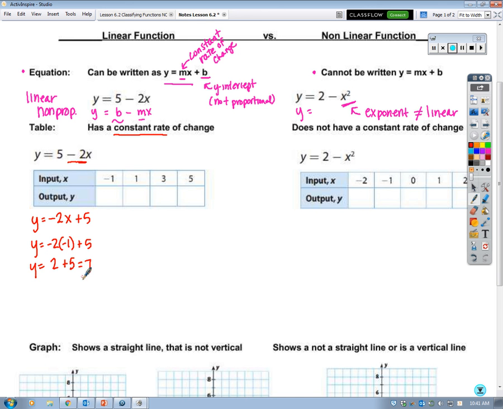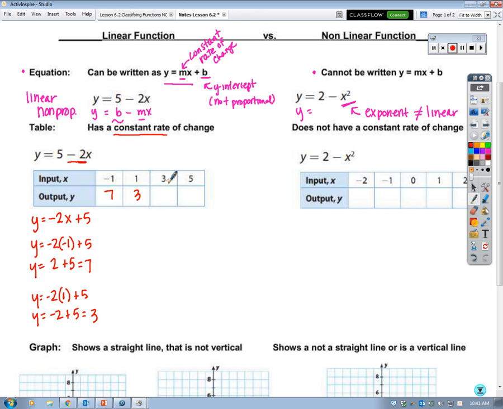So when x is -1, y is 7. I'll go ahead and do the next one, where I've got y equals -2 times my next x value, 1, plus 5. So I've got y equals -2 plus 5, which equals 3. So when x is 1, y is 3.